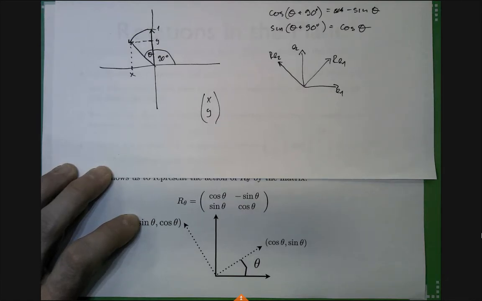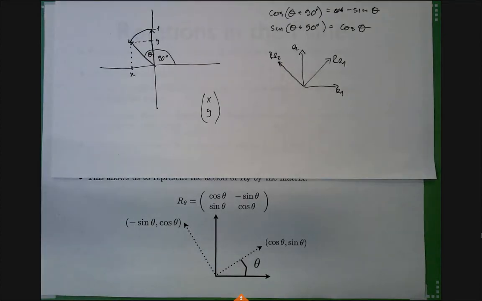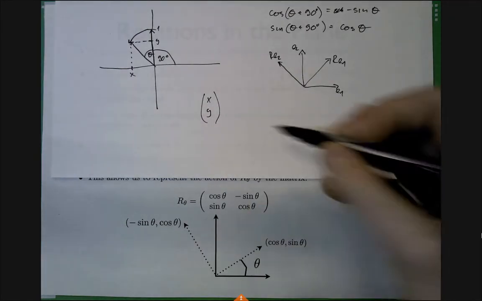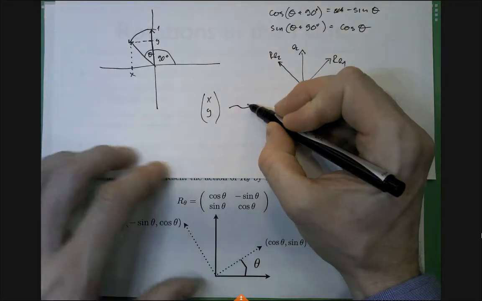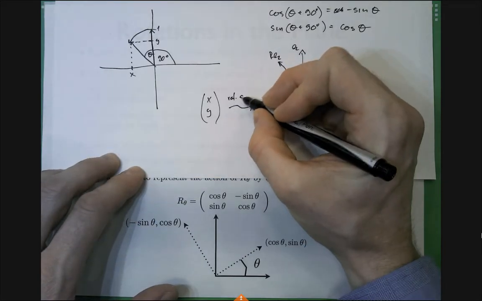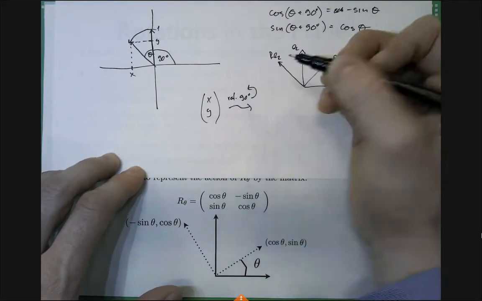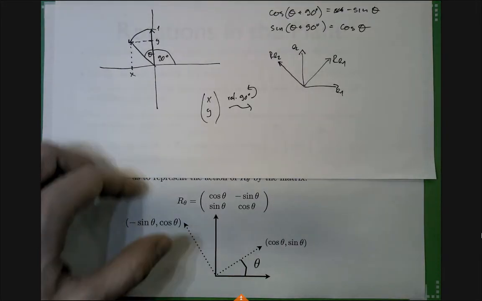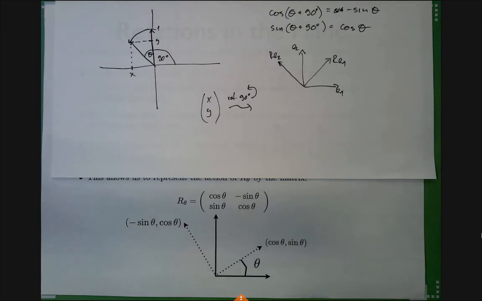But if you want to rotate counterclockwise by 90 degrees a vector x, y in the plane, what would you immediately write there? So who wants to say it?